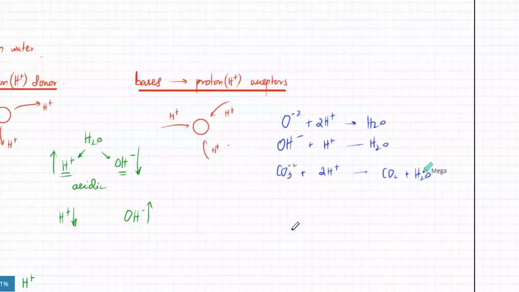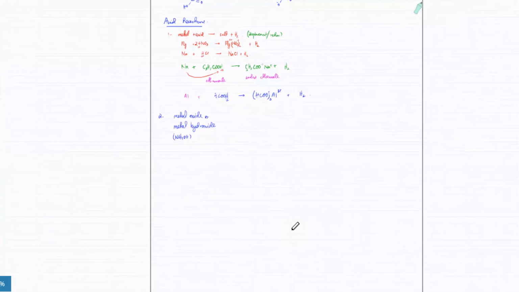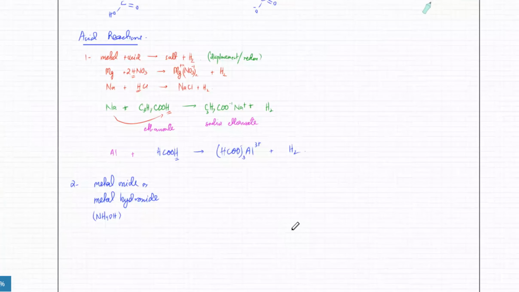We just went through all of that; we've already studied it. So just remember that you have acid reactions and you've got base reactions. These are our bases, all the ones written here.